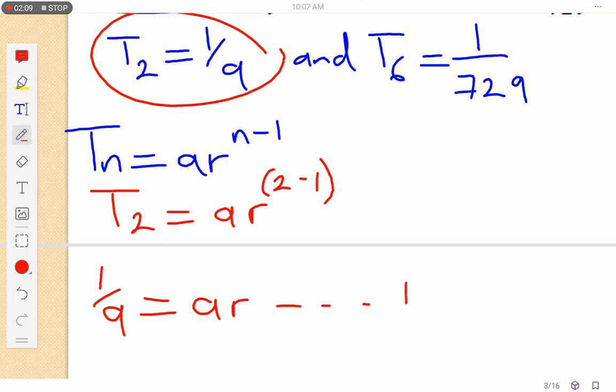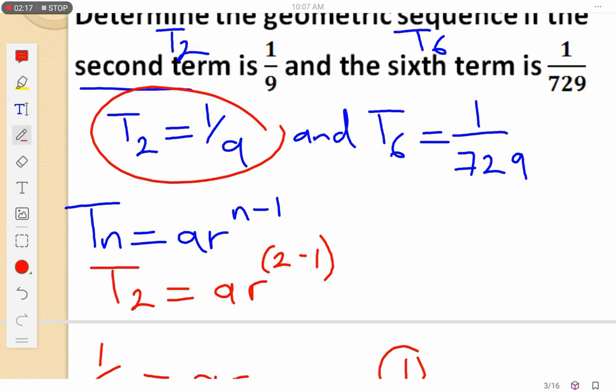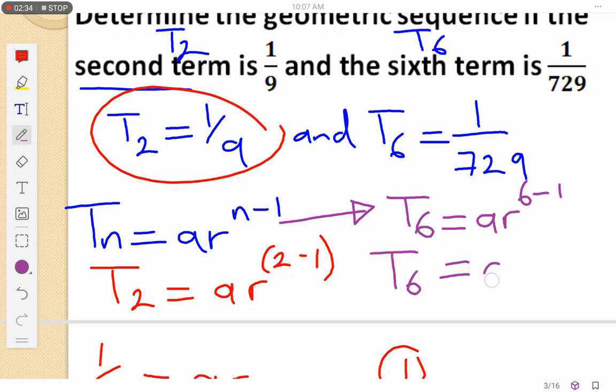This becomes equation number 1. Let's do that for the second one. Using this equation again, T6 is equal to a times r to the power of 6 minus 1, so T6 is equal to a times r to the power of 5.